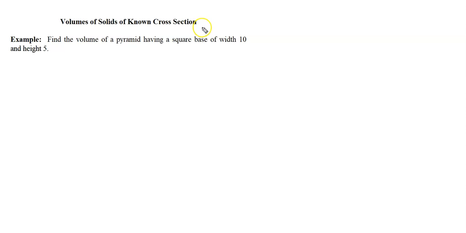But you'll see from the example that we look at here, there's a general technique that you can follow to solve problems like these. So let's take a look at this example. Here we want to find the volume of a pyramid having a square base with a width of 10 and a height of 5. The first thing we want to do here is draw a picture. So let's draw a picture of our pyramid.